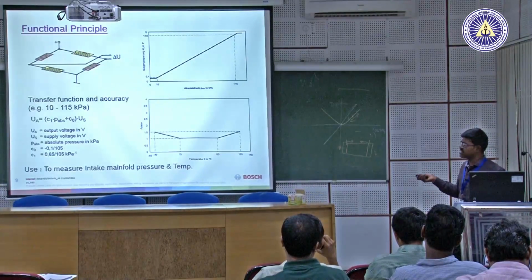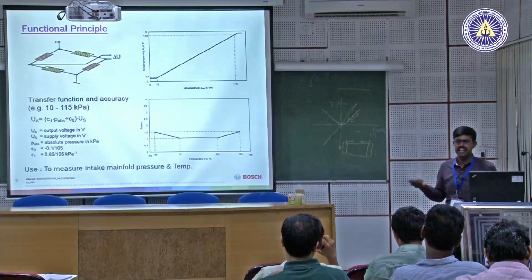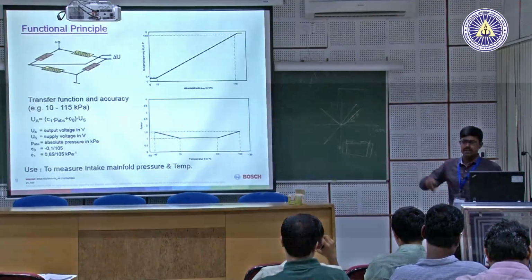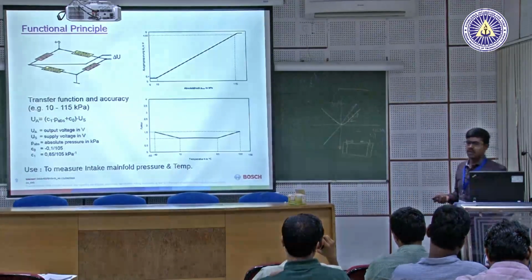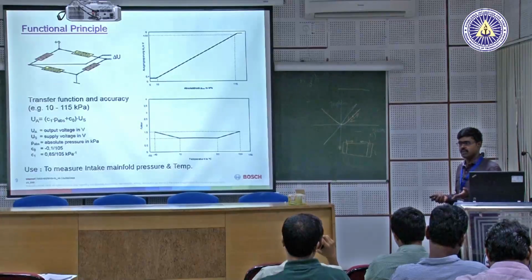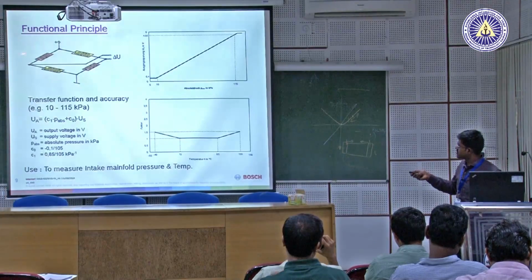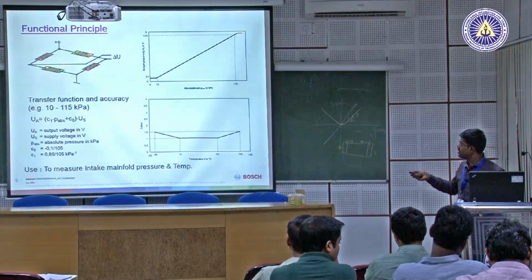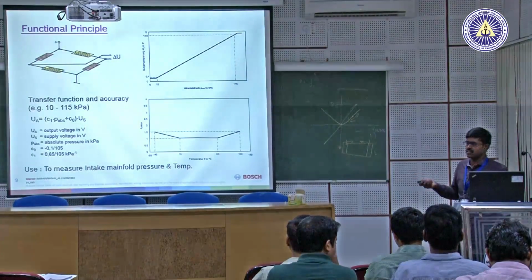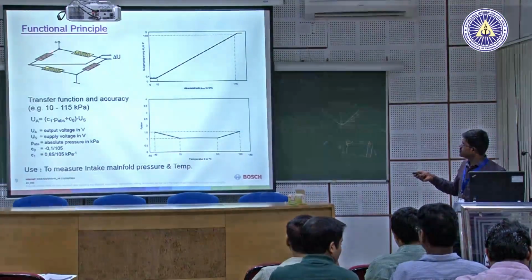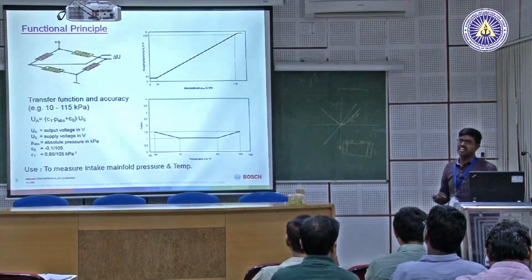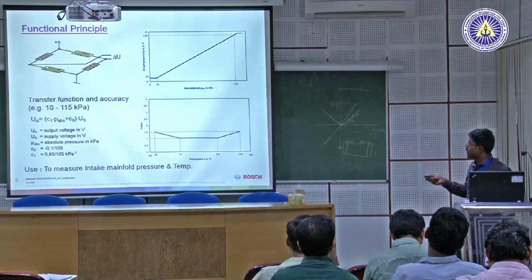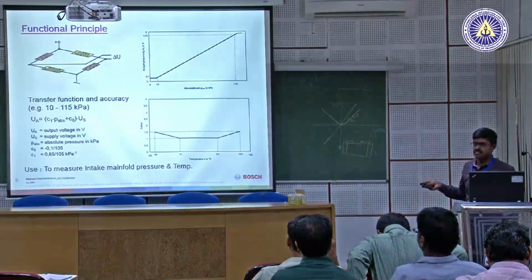The other zone is placed for the pressure measurement of the intake manifold or the boost pressure, the area of application. When incoming air pressure touches this fabricated area which is exposed to that zone, there will be a change in resistance.